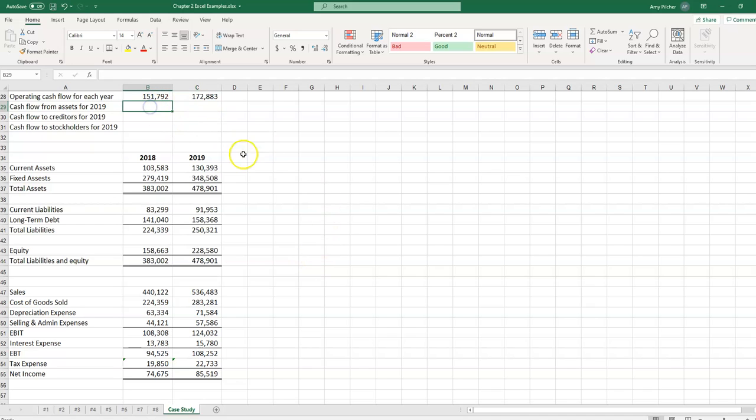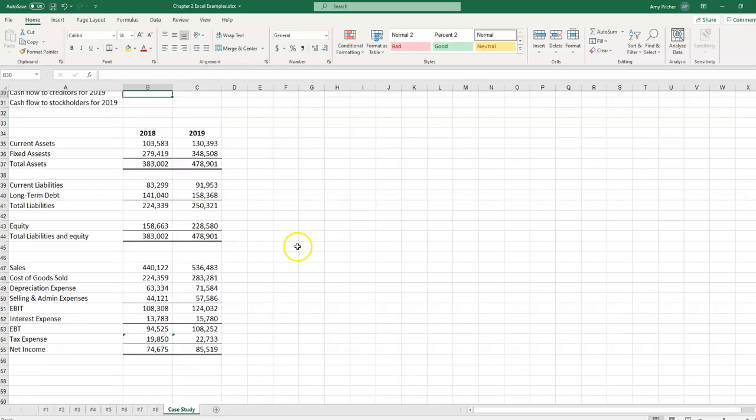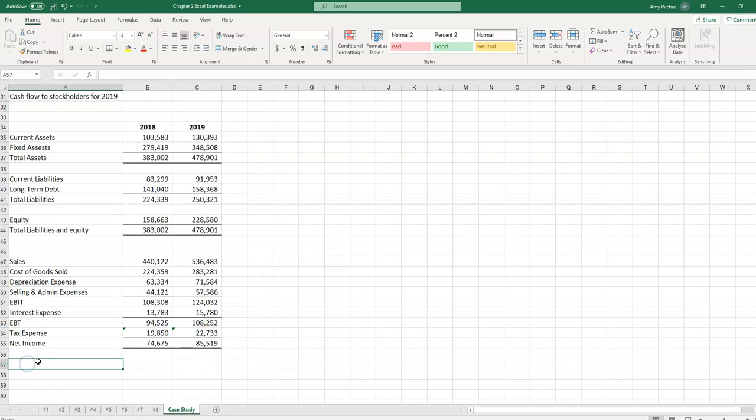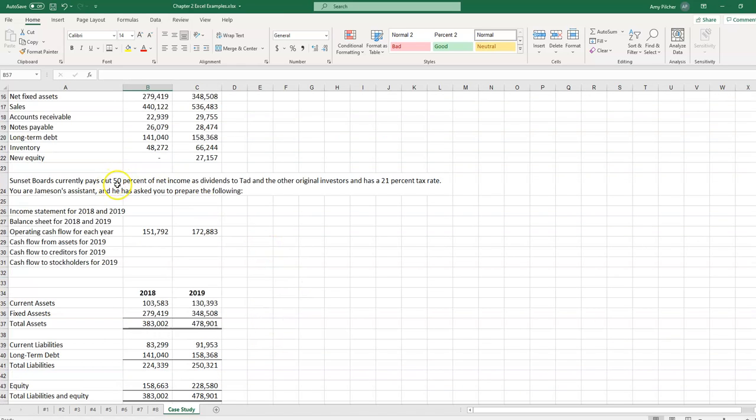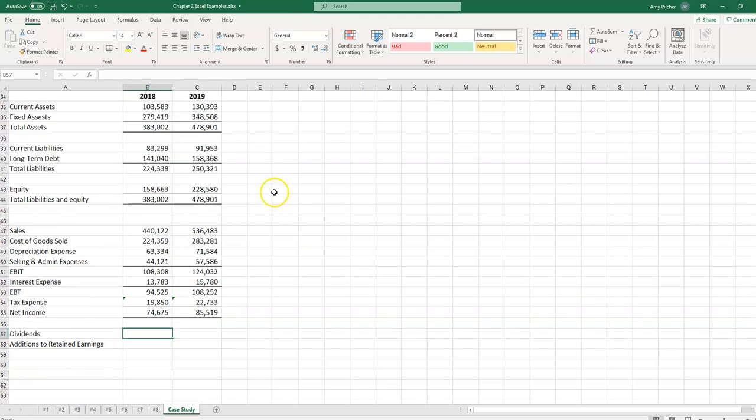The next item we want is cash flow from assets for 2019. And we do need a couple of different numbers in order to calculate these. So one thing, let's calculate what we have in dividends and our additions to retained earnings. It tells us in the information that we pay 50% of net income as dividends to our current investors.